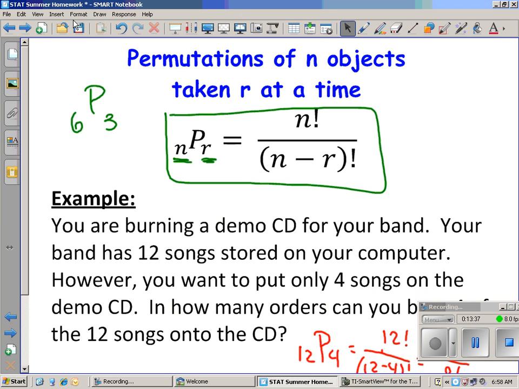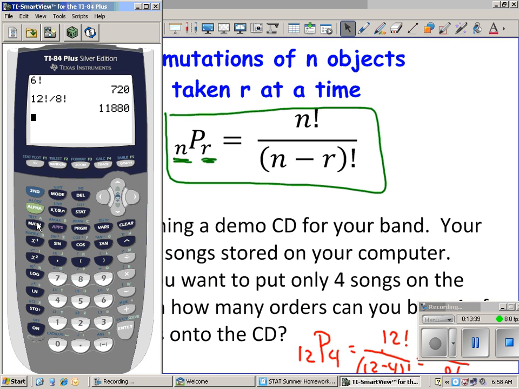If you look under that math menu, you see number 2 is a permutation, 3 is a combination, and the way you plug that in is you put in n first. So 6, 2, 3 would be 6 objects taken 3 at a time. And that would give you the answer.